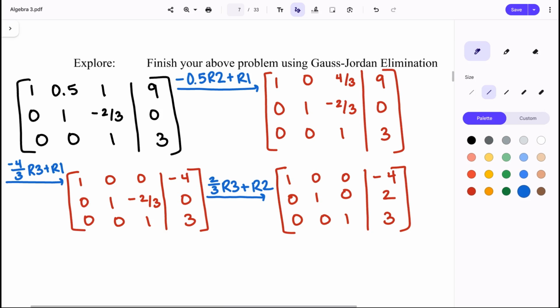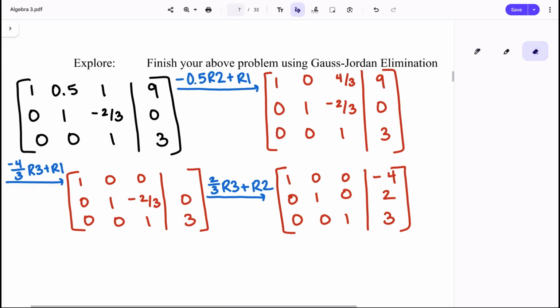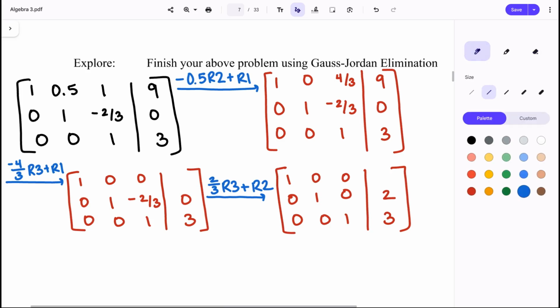Times row 3 plus row 1 should get me 5. The other number should not be impacted. This should just change to a 5. Because negative 4/3 times 1 plus that top should end up being a 5. Yeah, it'd be negative 4 plus 9, which is 5. So I don't know how we got 13. So that's all right. So your answer here should be 5, 2, 3.